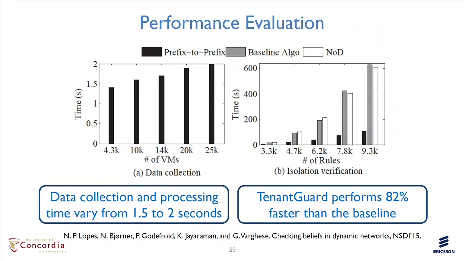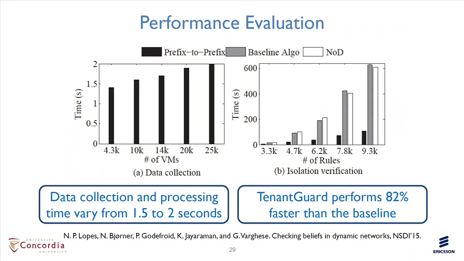And on the right side, we compare our efficient prefix-to-prefix approach with the baseline algorithm and also the closest state-of-the-art work, NOD. And it shows that TenantGuard performs 82% faster than the baseline. But still, if you look carefully, you'll see TenantGuard requires more than a minute to verify the largest data.